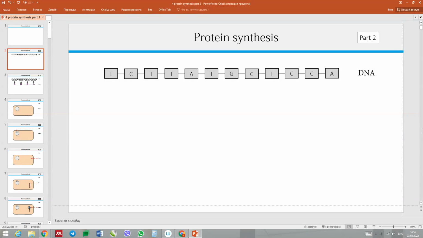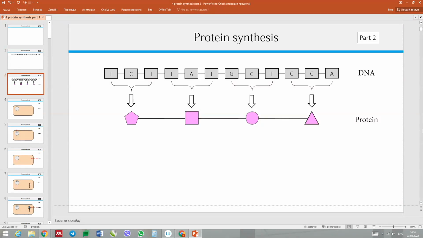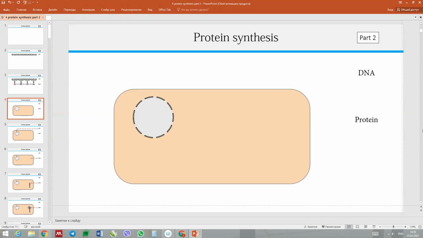And as you already know from our previous lecture, each three nucleotides that we call triplet encode one amino acid. And amino acids arranged in a chain will make the primary structure of the protein. And now let's project this information to an illustration of the cell.